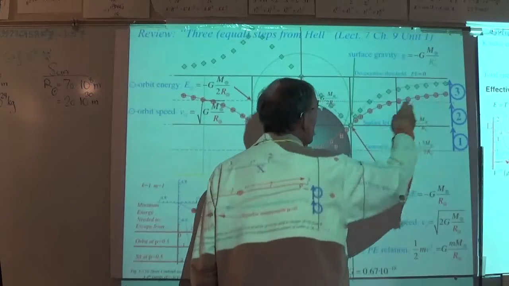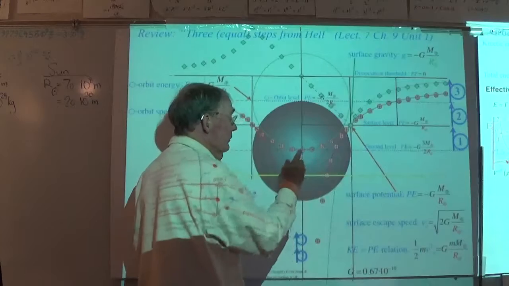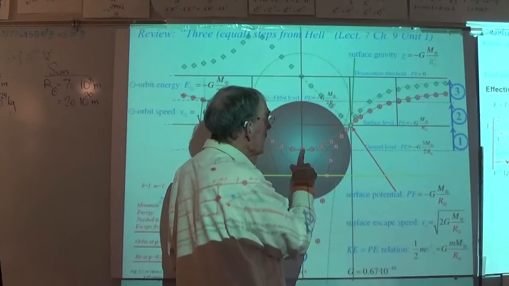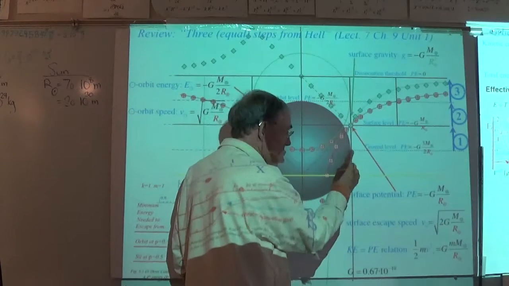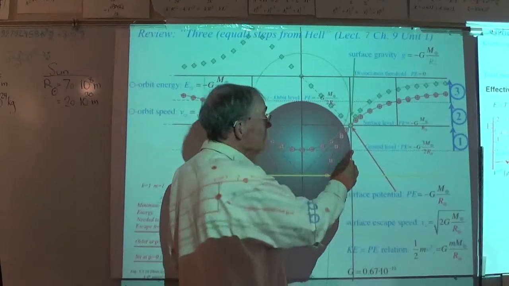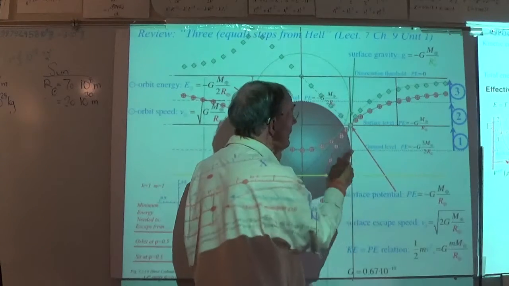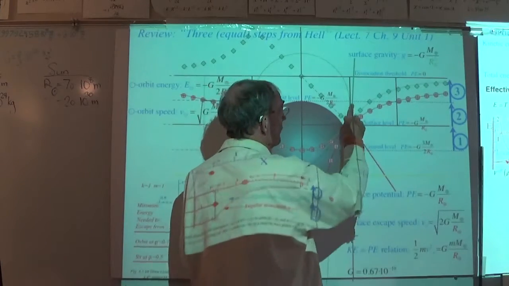But meanwhile, potential down here, and remember there were 3 steps to go from sitting at the center of the Earth. You climb up the stairs to be sitting on the surface of the Earth, and then by another step, you apply yourself some kinetic energy in order to get into a circular orbit. That takes you to this level.